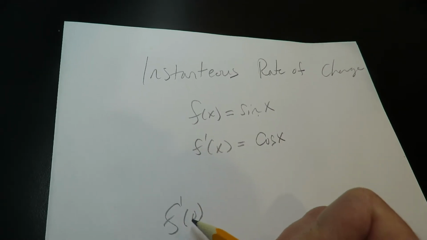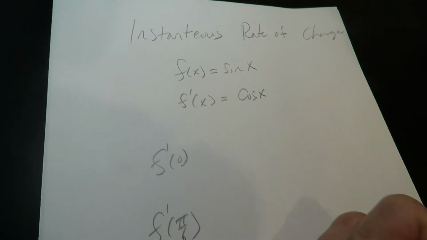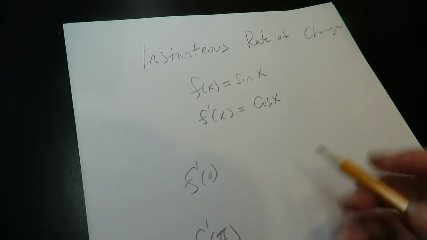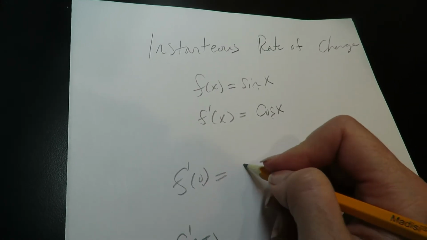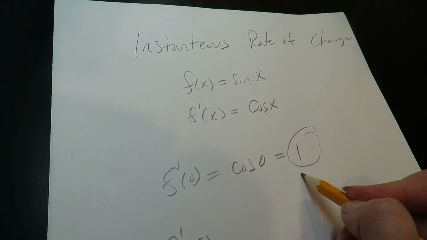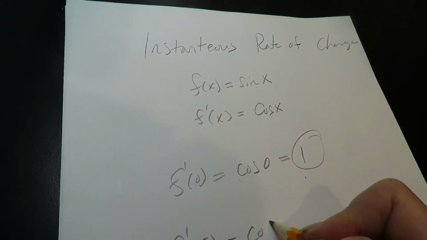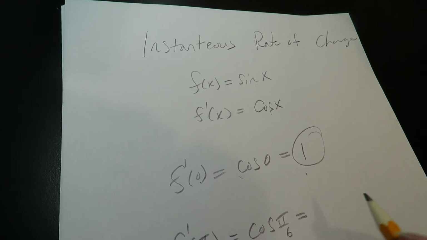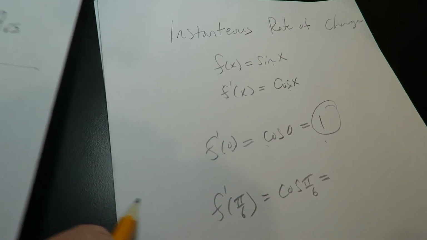So I'm finding the rate that the function is going at 0, and I'm finding the rate that the function is going at pi over 6. So it's going at a rate of 1 at 0. Let's just go back to the little triangle for that.